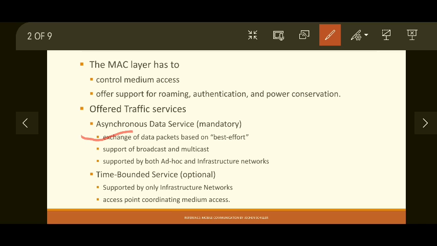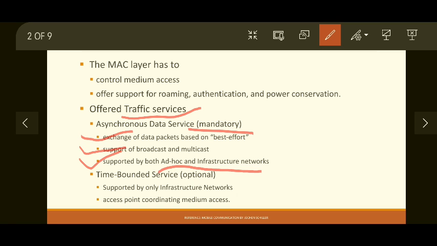Then the second property of asynchronous data services is that they support both types of packets, that is broadcast and multicast. Obviously it also supports unicast packets. And the third property, one of the important ones as this is a mandatory one, is that both types of network, ad hoc and infrastructure, offer this type of traffic service.